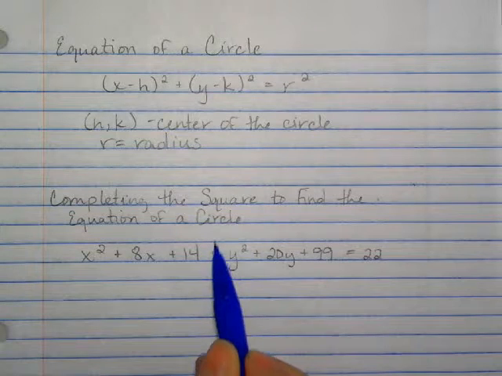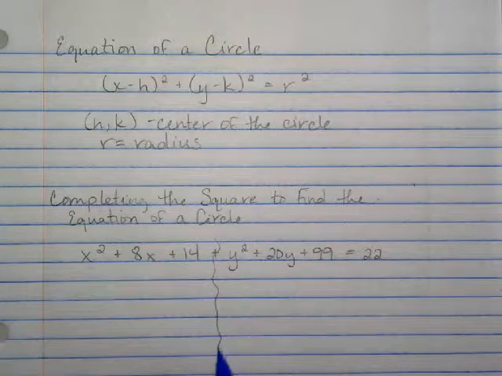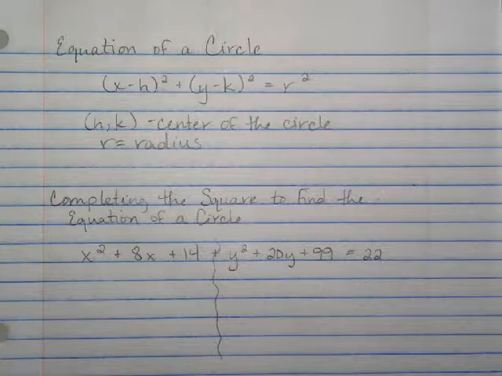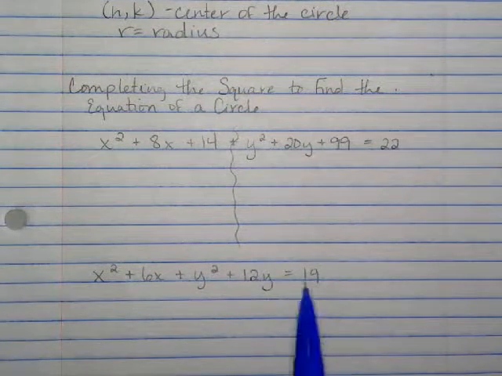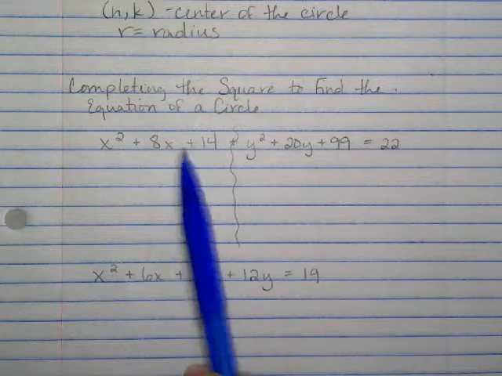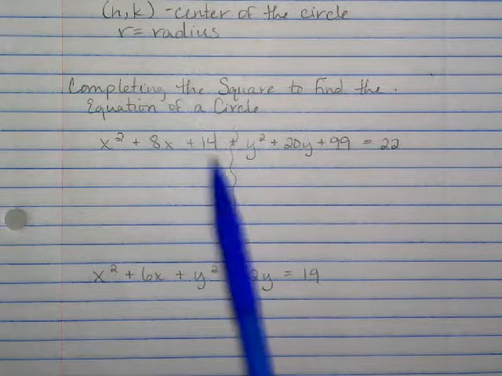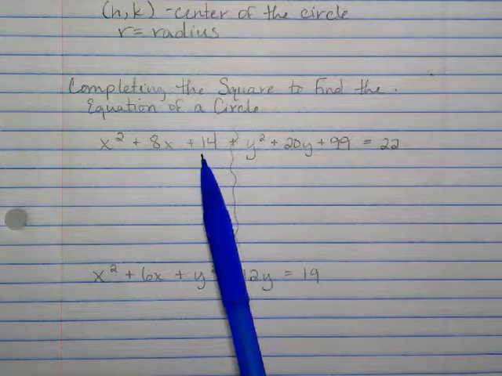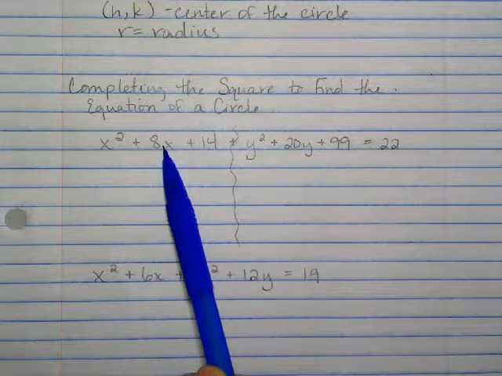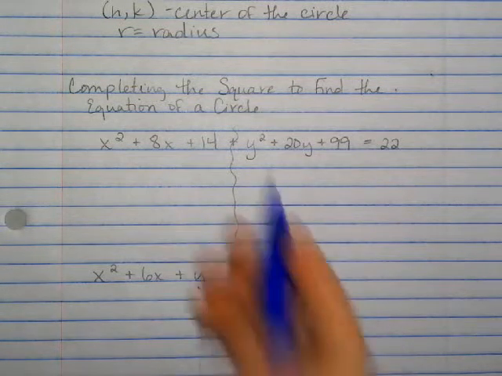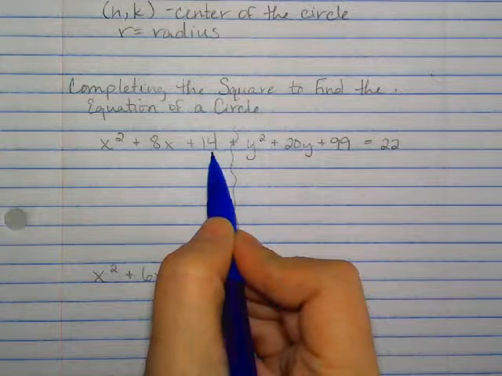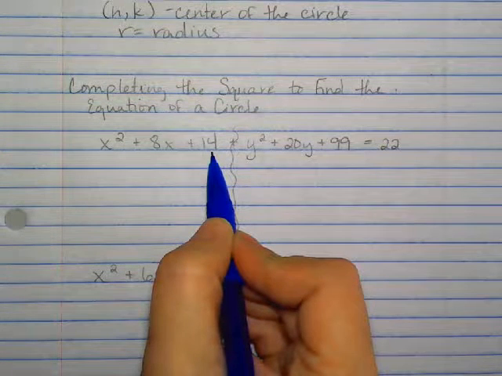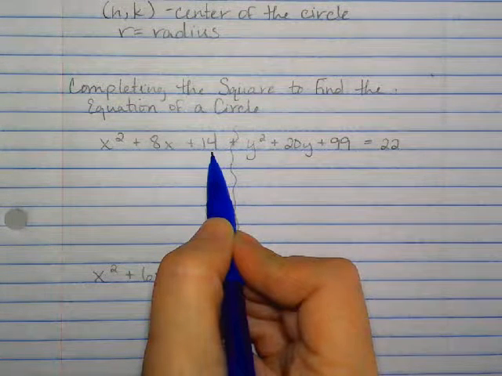So if I look at these two as two separate ones, this was 4A on your worksheet. If I complete the square with my x's, x squared plus 8x plus 14. As the pattern goes, half of 8x should give me 4, which means I need this number to be 4 squared. So I need this number to be 16.